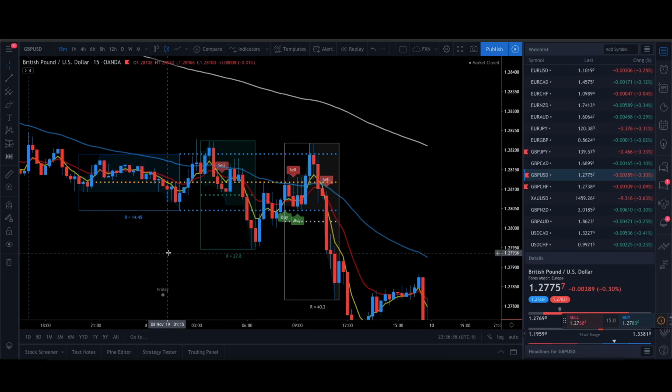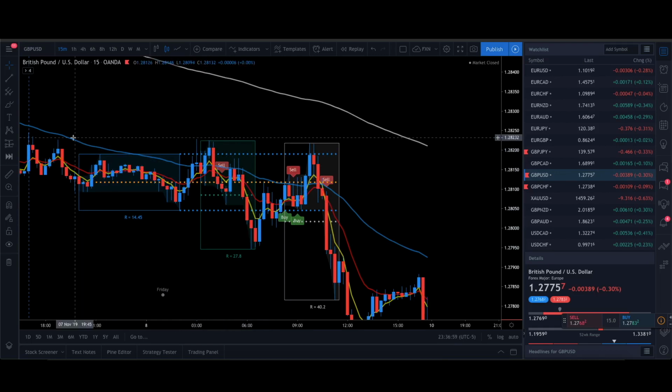Another question that I get asked all the time is, do I have to wait for the second leg to appear in the New York session? If you get a second leg, an M or W, inside of this London box, and you have a crossover of the 5 and 13, you can take the trade.